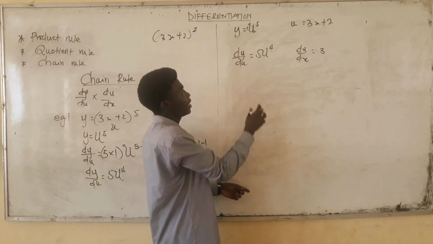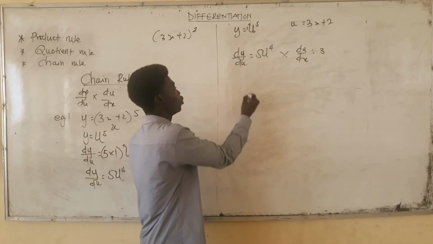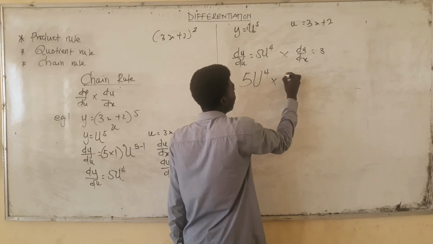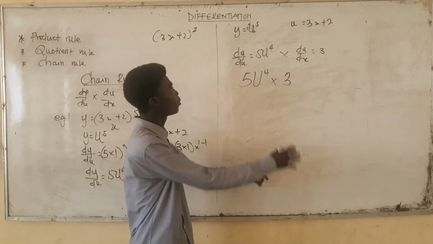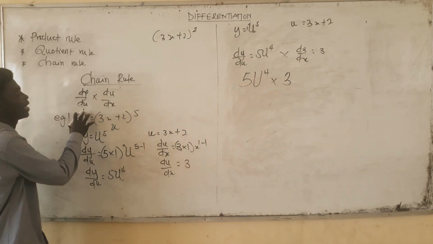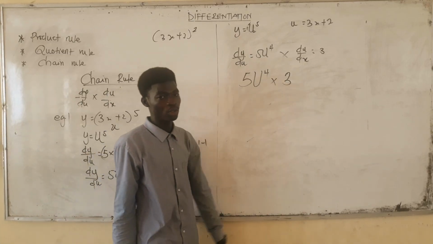The thing is, we are saying multiply this and this, only this and this. So 5u raised to the power 4, multiplying 3. So you multiply dy/du and then du/dx. And that is what we've done here.